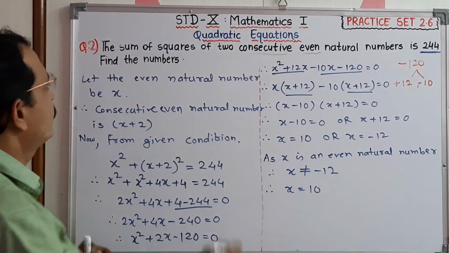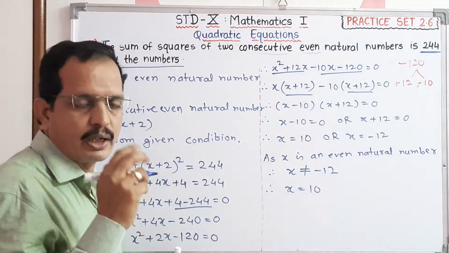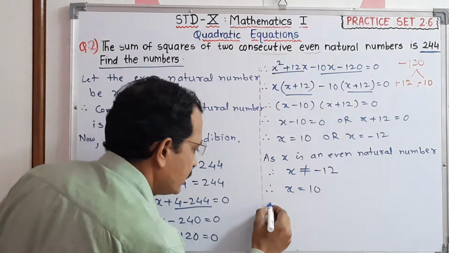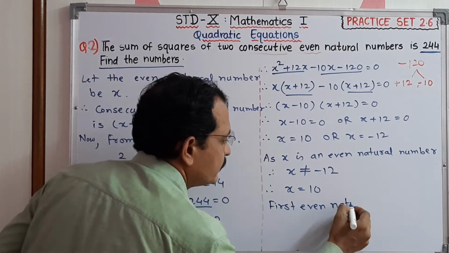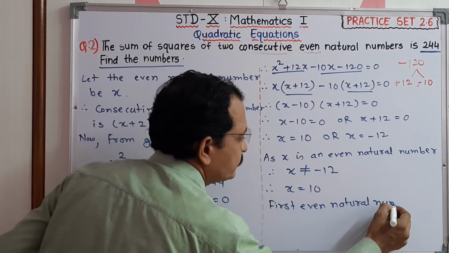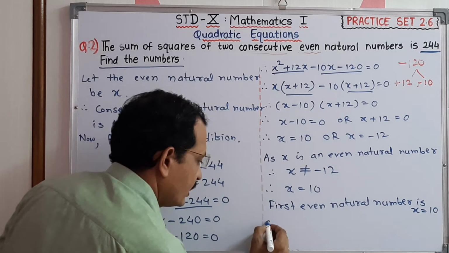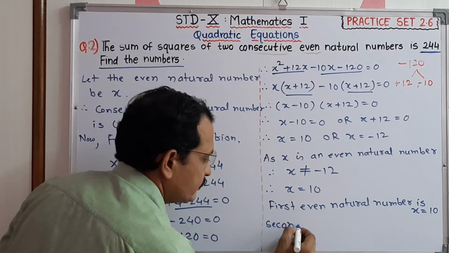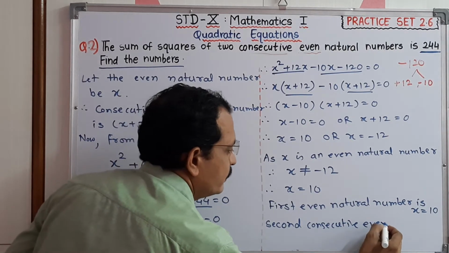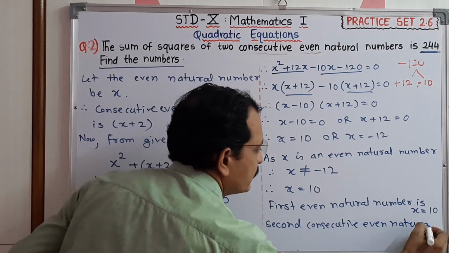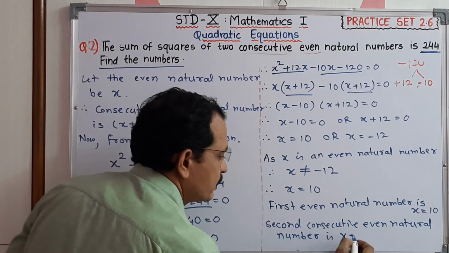Now we have to find out the final answer. We have to find out the numbers. That means we have to write two numbers. Therefore we can write here first even natural number is x is equal to 10, and second consecutive even natural number is x plus 2.